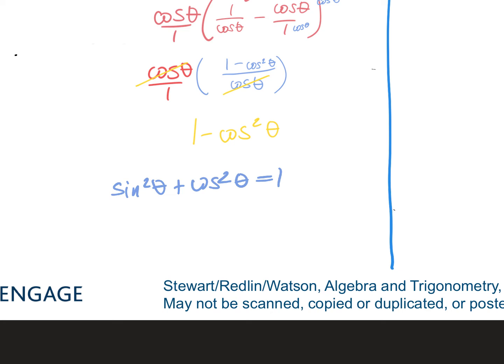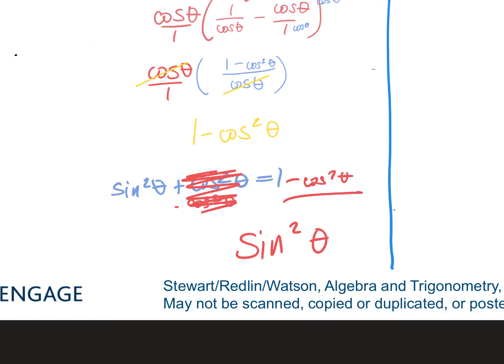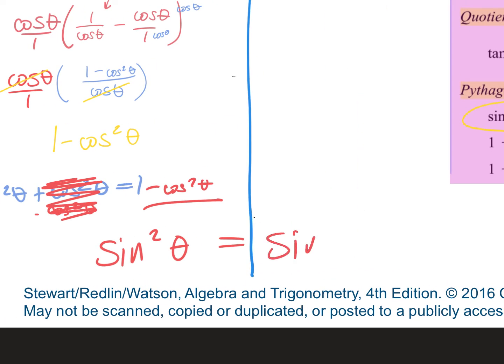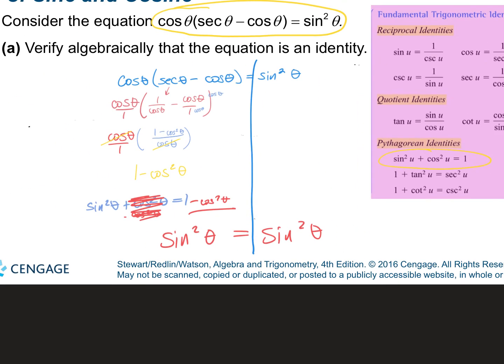What will we do to the blue one? I'm going to subtract. Look what happens if I subtract cosine squared theta. What does 1 minus cosine squared theta equal? Yep. Sine squared theta equals sine squared theta. Isn't that what we wanted it to say from the beginning? Yeah. So you guys just proved it.